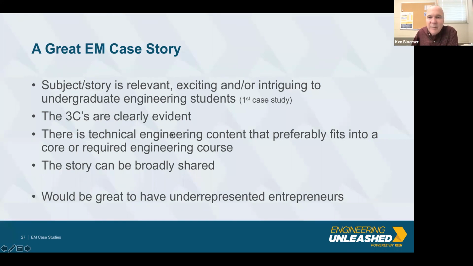Obviously there needs to be some technical engineering content, and we would like these to fit into a core course or a required course in the curriculum rather than an elective course, because we put a lot of effort into making these cases really, really good. We haven't been able to deal with a lot of big corporations because there are so many constraints on sharing information.